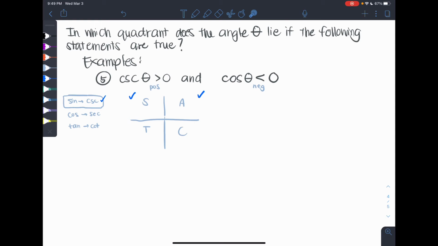Now cosine is negative wherever it's not positive. So knowing it would be positive in 1 and 4, then we can say it would be negative in quadrants 2 and 3. So we can conclude that cosecant is positive and cosine is negative in quadrant 2.